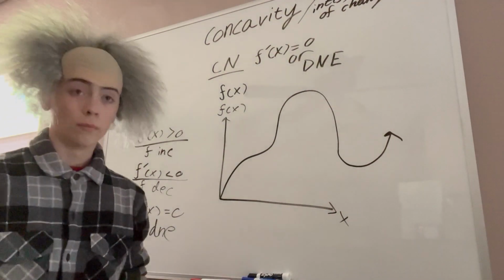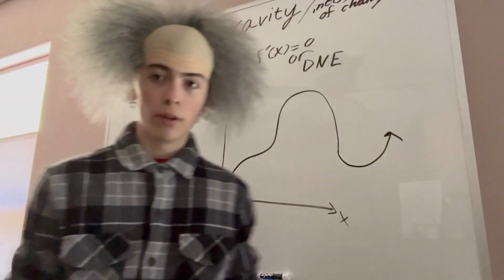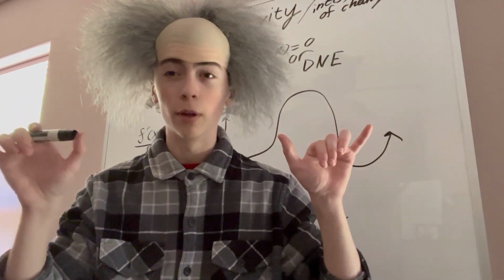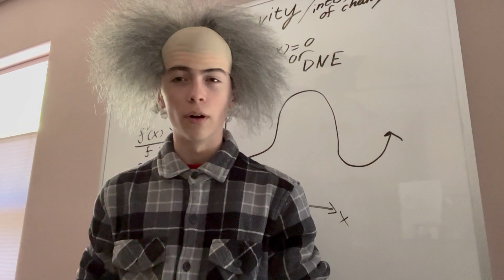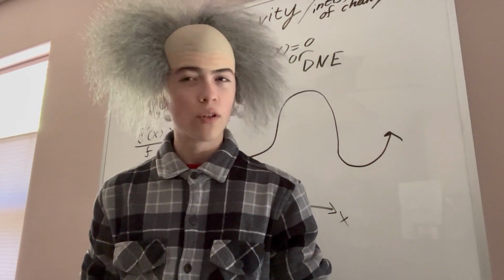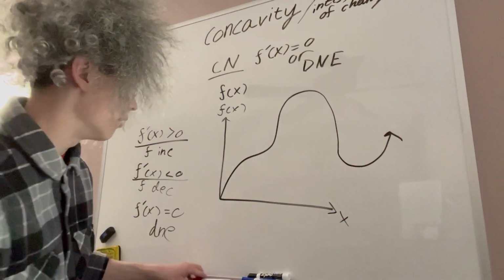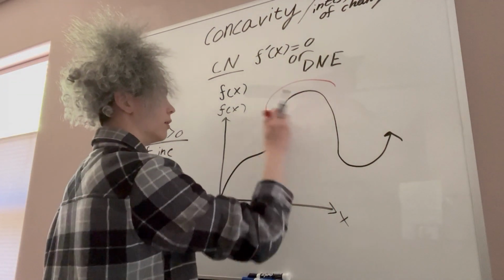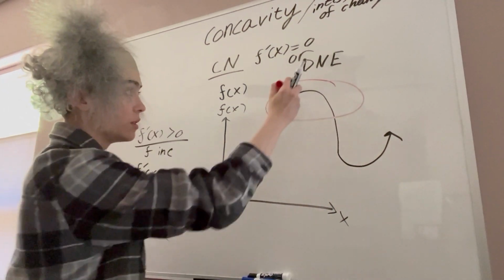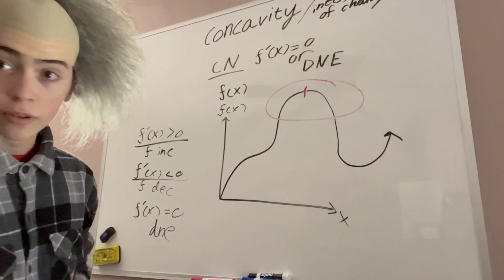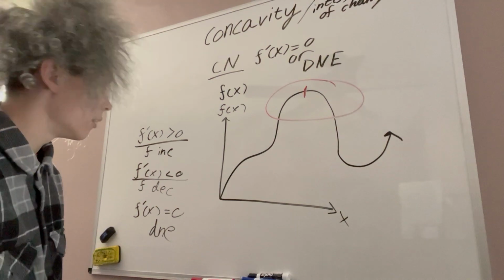Cool. So when you have a critical number, you have to think about, okay, now what's happening on either side of your critical number? Because cool, f prime of x equals 0, but what does that mean? That means your slope is equal to 0. Now, I'm looking at this graph. Right here, I can tell that specifically at this spot, f prime of x is equal to 0, right?